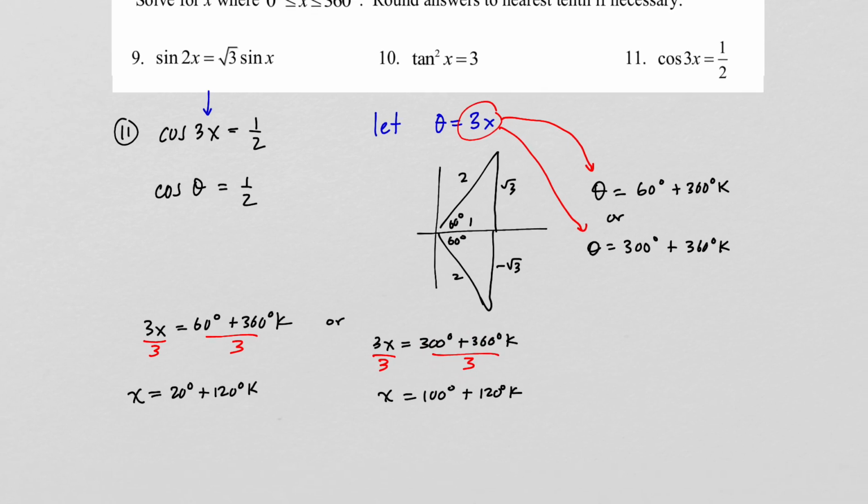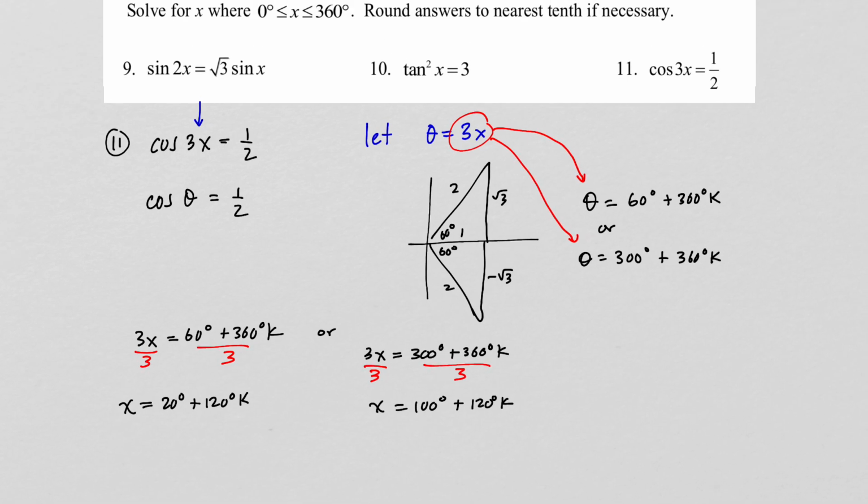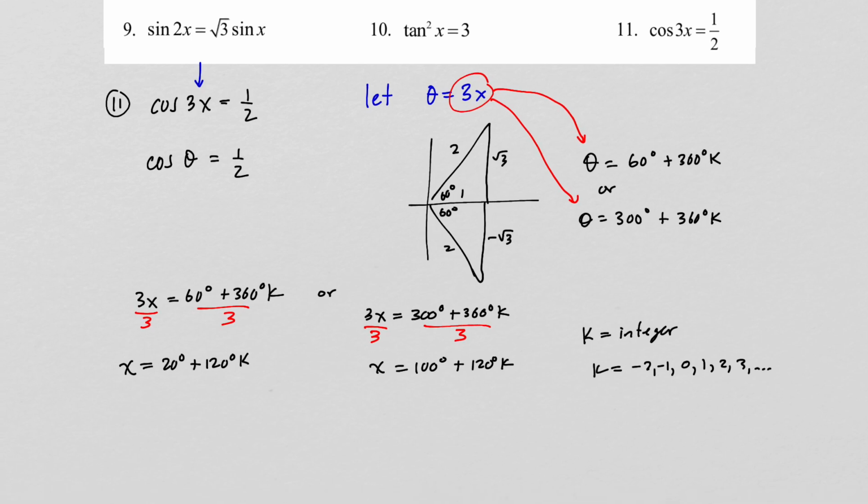Now, these would be our solutions if we wanted all solutions, but we only want the solutions between 0 and 360. So now we need to remember that k is an integer. That means k can equal values like -2, -1, 0, 1, 2, 3, etc. The way you find your solutions is just let k be equal to 0, 1, 2, 3, etc. If I let k equal 0 here, we get x equals 20 degrees.